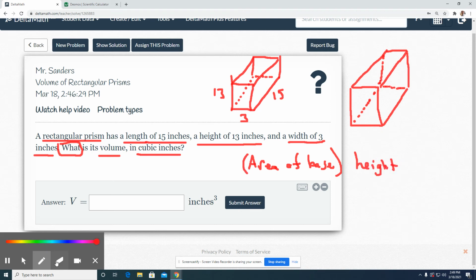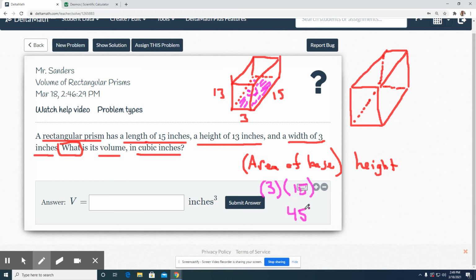Okay, so the area of this base is down here. So all of this down here is what we're trying to calculate. So that's 3 times 15. Okay, 3 times 15 is 45.